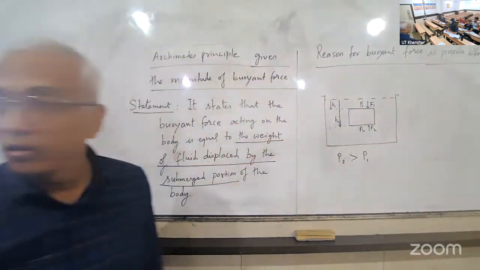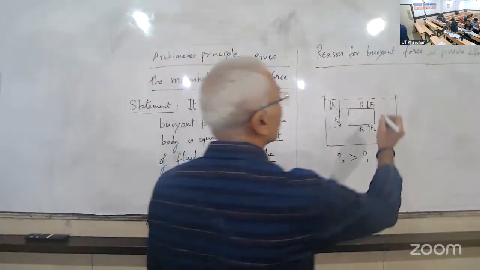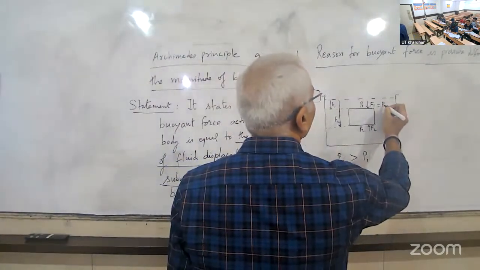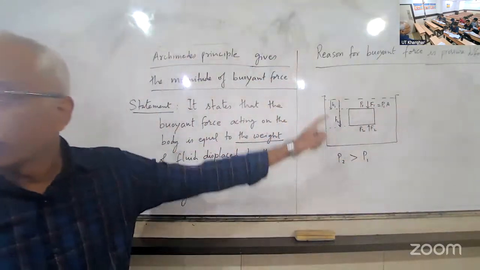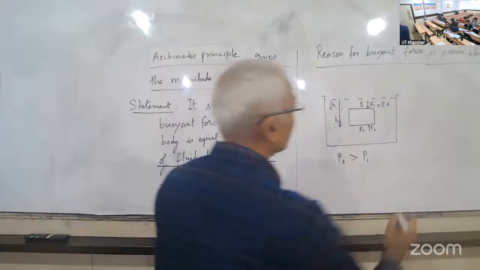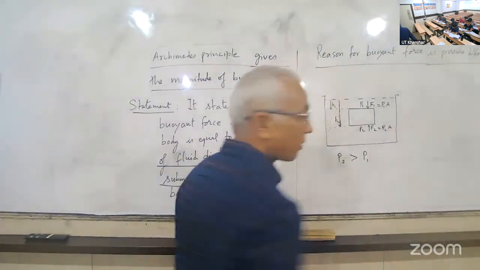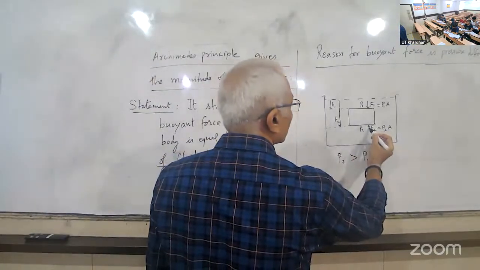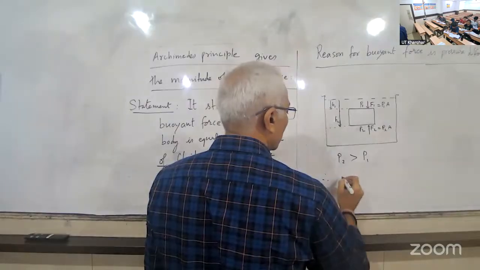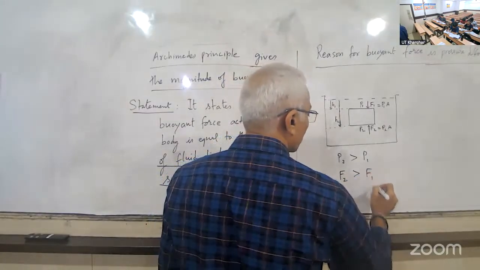F2 would be more. So F1 कितना होगा? F1 will be less than F2. P1 A होगा, है ना? एरिया तो सेम ही होगा, ऊपर का एरिया और नीचे का एरिया सेम होगा. और F2 कितना होगा? P2 A. तो F2 बड़ा होगा. Therefore F2 is greater than F1.